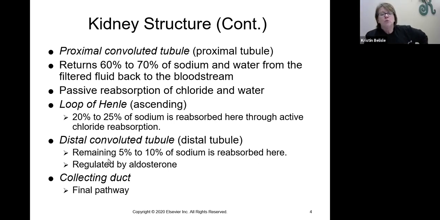Notice that the remaining 5 to 10% of sodium is reabsorbed here, and it is regulated by your aldosterone. So if I give a thiazide diuretic, I'm looking at a less potent and more gentle diuretic. And you'll hear people talk about that or see that. So let's move on.